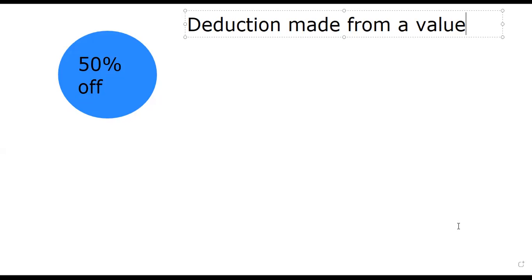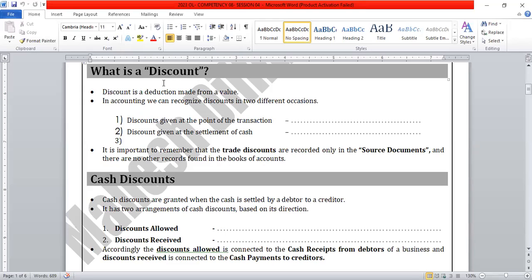Please take out your highlighters. A discount is a deduction made from a value. I want you to underline this part. A discount is a deduction made from a value.